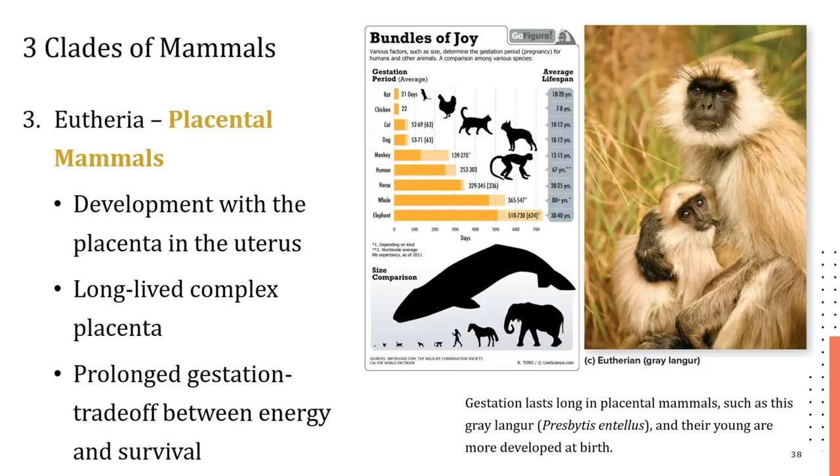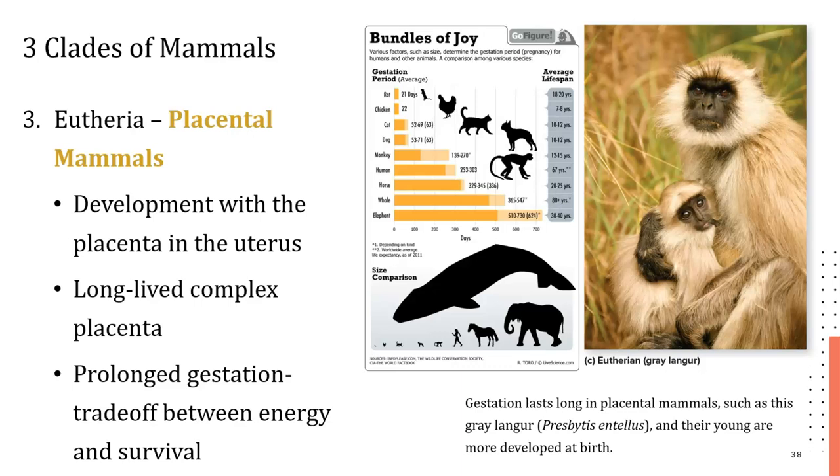So we're about to start our ecology unit, and we're going to talk about energy trade-offs quite a bit, how organisms have to spend energy on certain characteristics, certain behaviors, but it's a trade-off for survival. So this prolonged gestation period is important because it allows organisms to essentially guarantee that their offspring are going to survive.